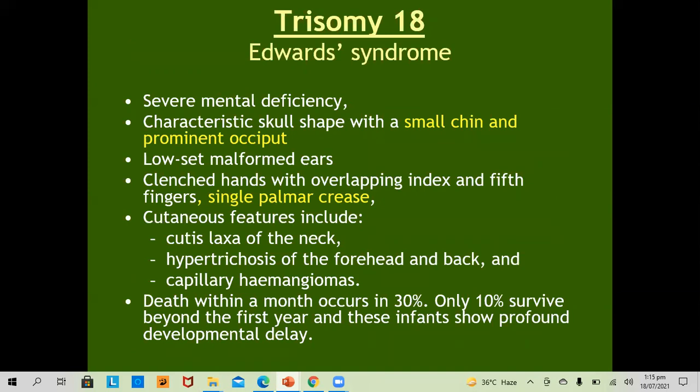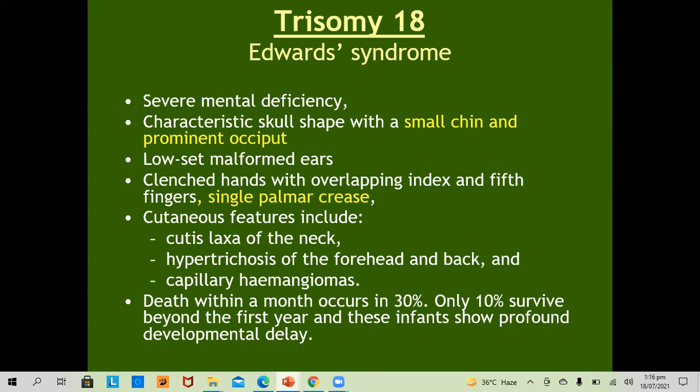There are low set and malformed ears, clenched hands with overlapping index and fifth finger, with a single palmar crease. Cutaneous features include cutis laxa of the neck, hypertrichosis of forehead and back, and capillary hemangiomas.